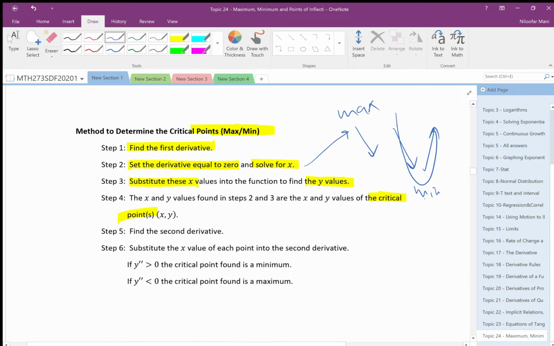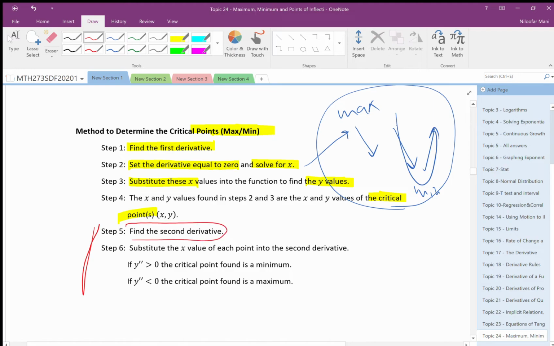This is maybe hard, so I can show you something easy, which is the second derivative method. This is the second derivative test. You find the second derivative.